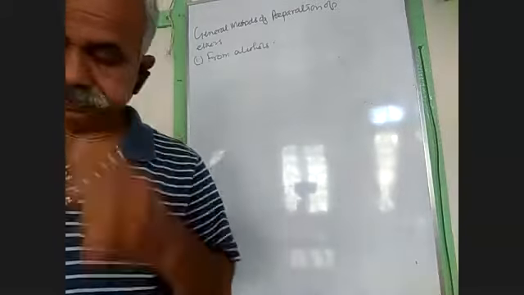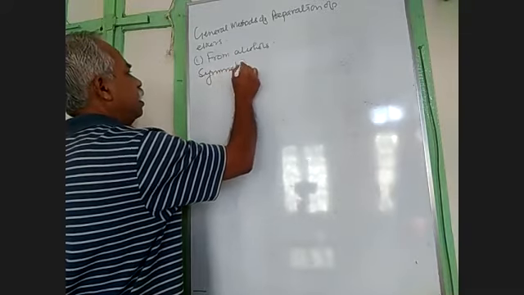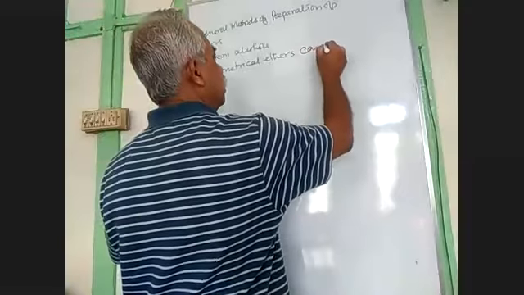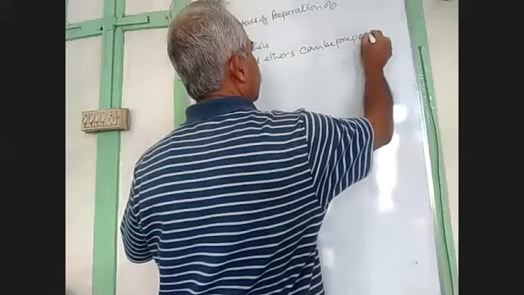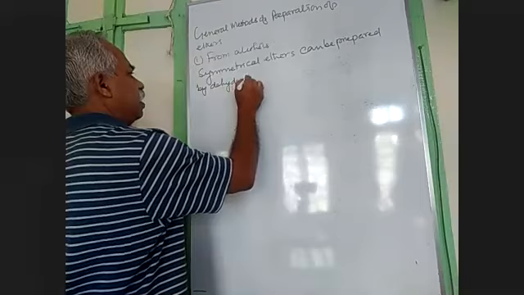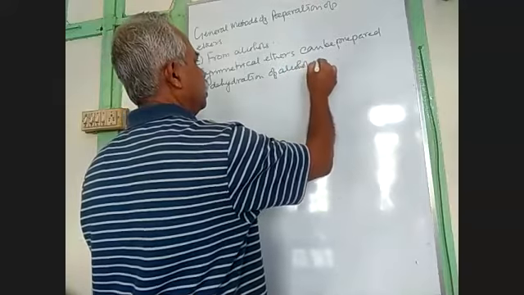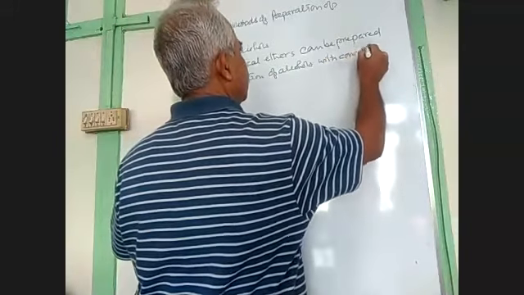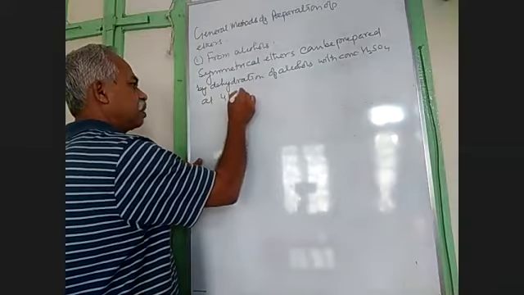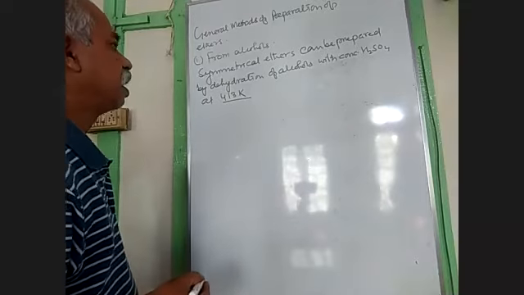Symmetrical ethers can be prepared by dehydration of alcohol with concentrated H2SO4 at, remember, 413 Kelvin. This is very important. 413 Kelvin.